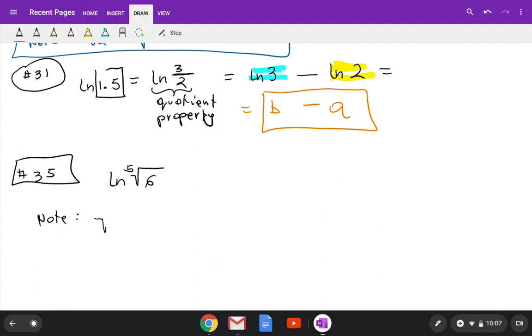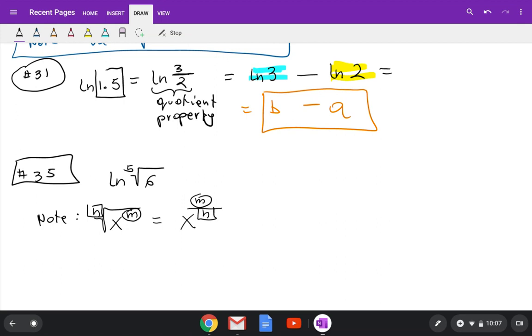If you have a root of index n and you have x to the power of m, you can always rewrite that as an exponential expression, which means x to the power m over n, over whatever that index is.